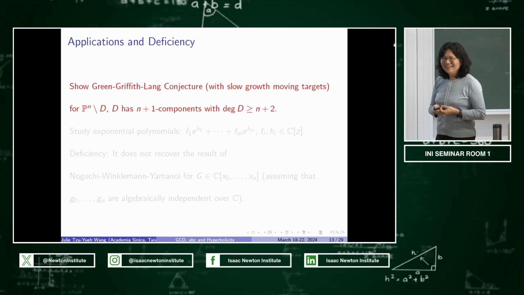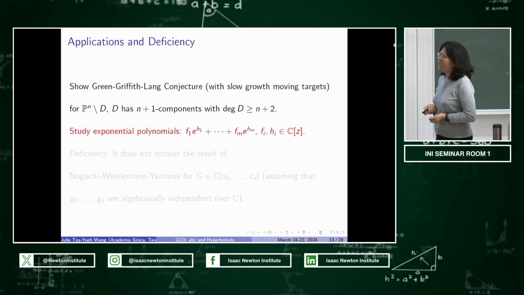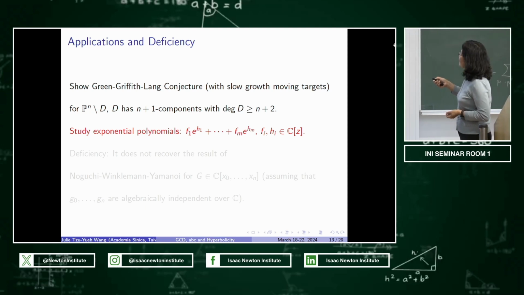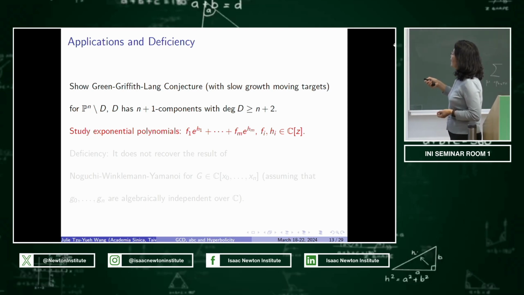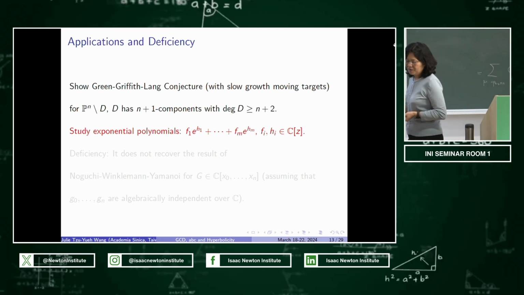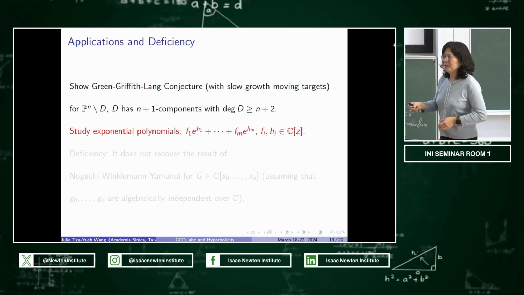And what does it help us? Actually, I was very happy about this result because, as you can see, this is the polynomial we can study. We can study polynomials, entire functions are polynomials, and then we can plug in a function which is the exponential of a polynomial. This exponential polynomial has been studied by Ritt in the 60s and by many people.